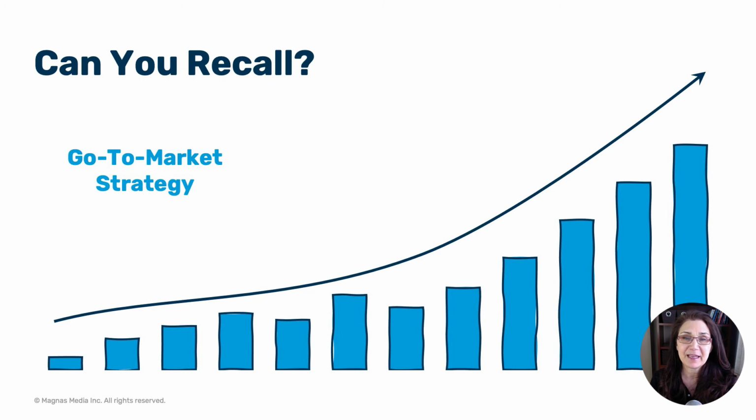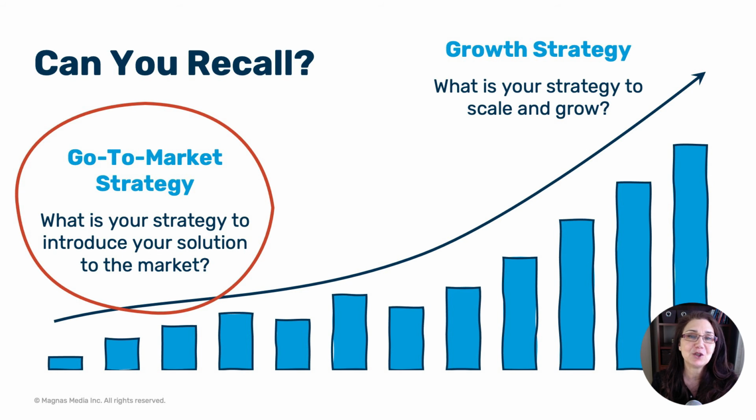But the main thing is that when someone asks you, what is your go-to-market strategy? Can you recall what type of answer you would want to give them for your particular situation? Really, the summary of it is, what is your strategy to introduce your solutions to the market, whether that's internally or to the outside market? And as you can see with some of the examples I gave you here, it could be any number of ways.